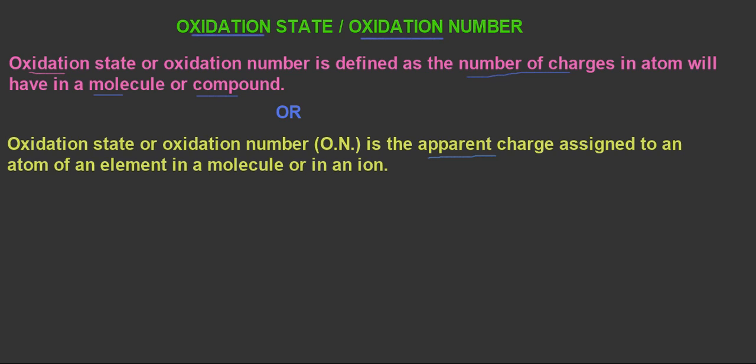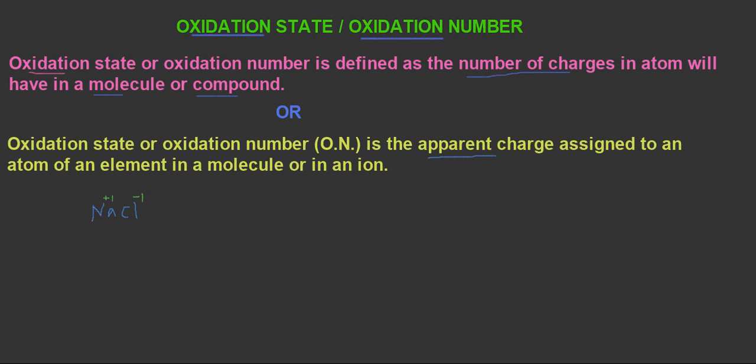Now what do you mean by these two definitions? For example, if we have sodium chloride, NaCl. As we know, sodium chloride is an ionic compound, so it has some charges: sodium has positive 1 charge and Cl has negative 1 charge. The reason is that sodium is making an ionic bond with the chloride ion.